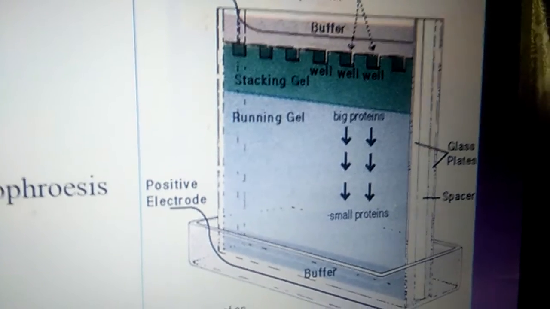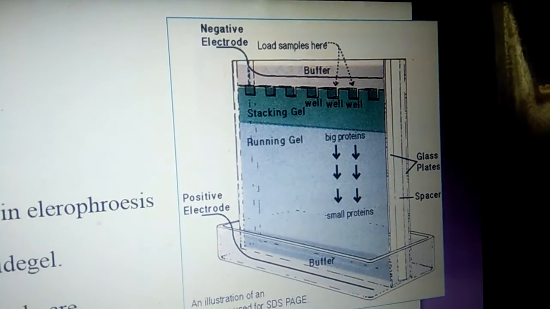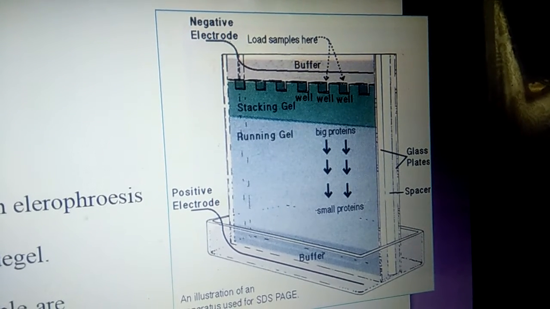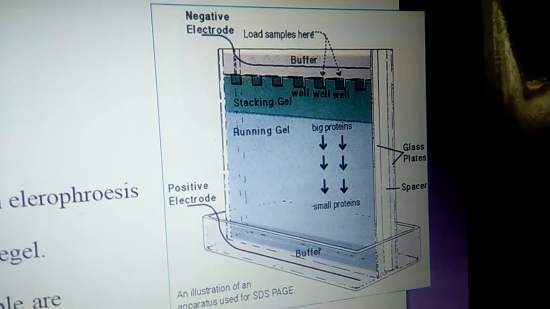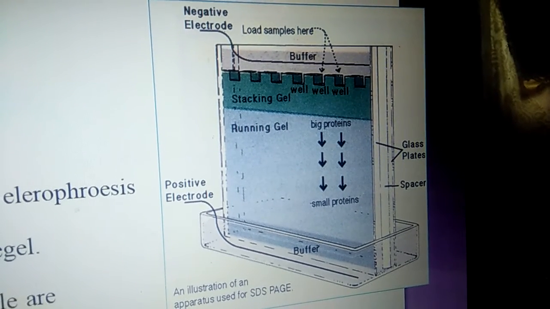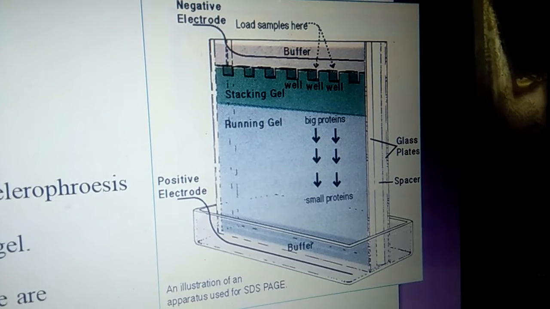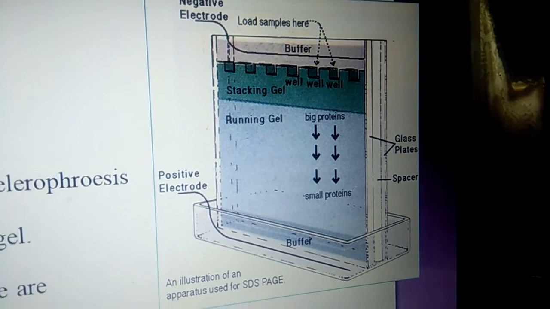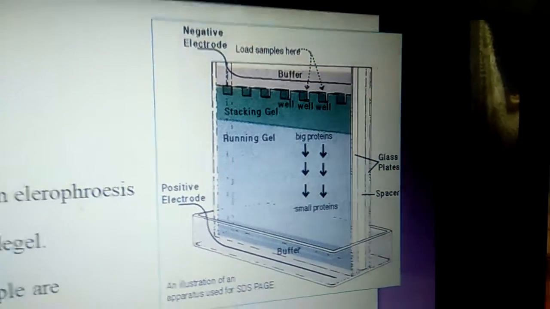When it is connected with the positive and the negative electrode, the samples cover some distance. The bigger samples will cover a smaller distance, whereas the lighter samples will cover a larger distance. Based on the distance traveled, we differentiate the proteins of interest on the basis of size.